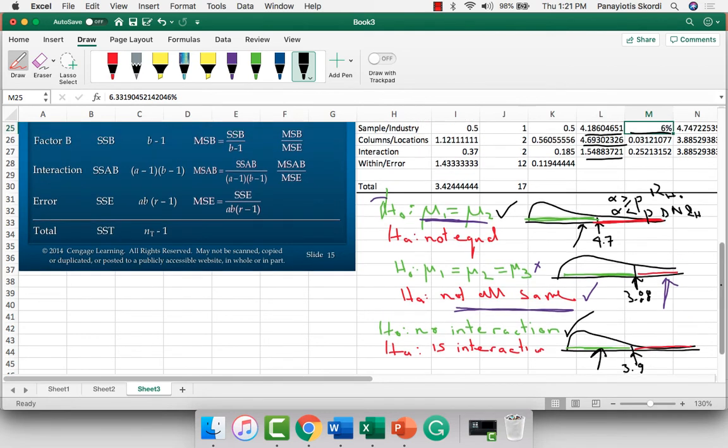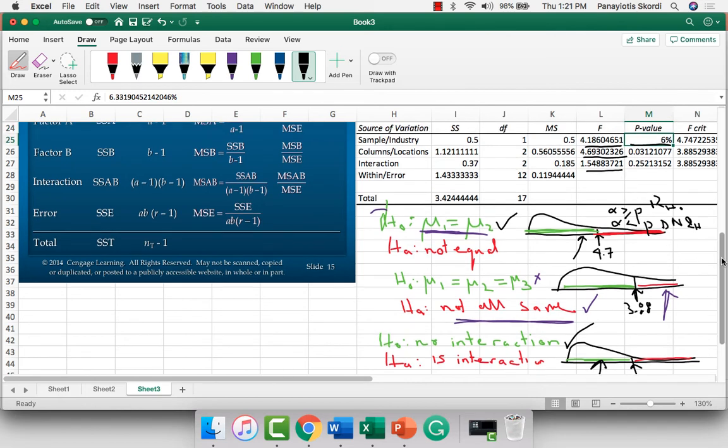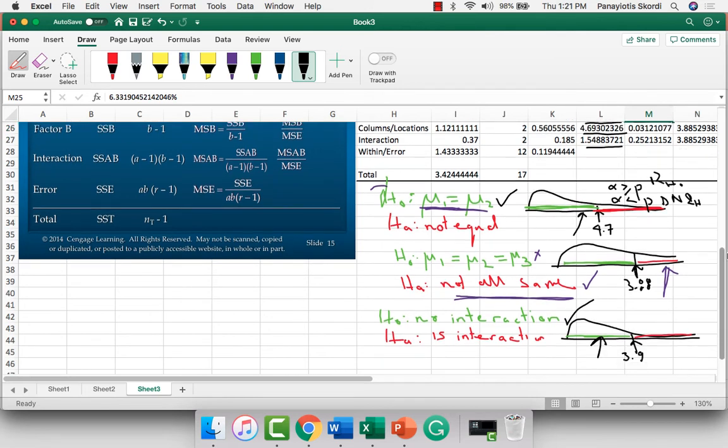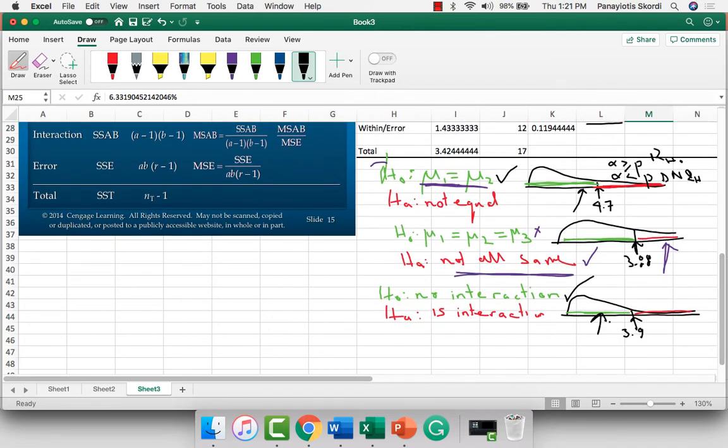Again, we could have got those results from the p-value. If we take alpha to be 5%, the p-value for this one was 25%.